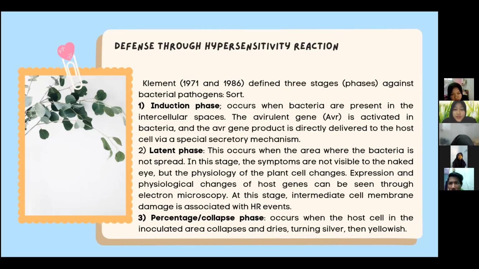Two, latent phase. Three, collapse phase, which occurs when the host cells in the inoculated area collapse and dry, turning silver and then yellowish.